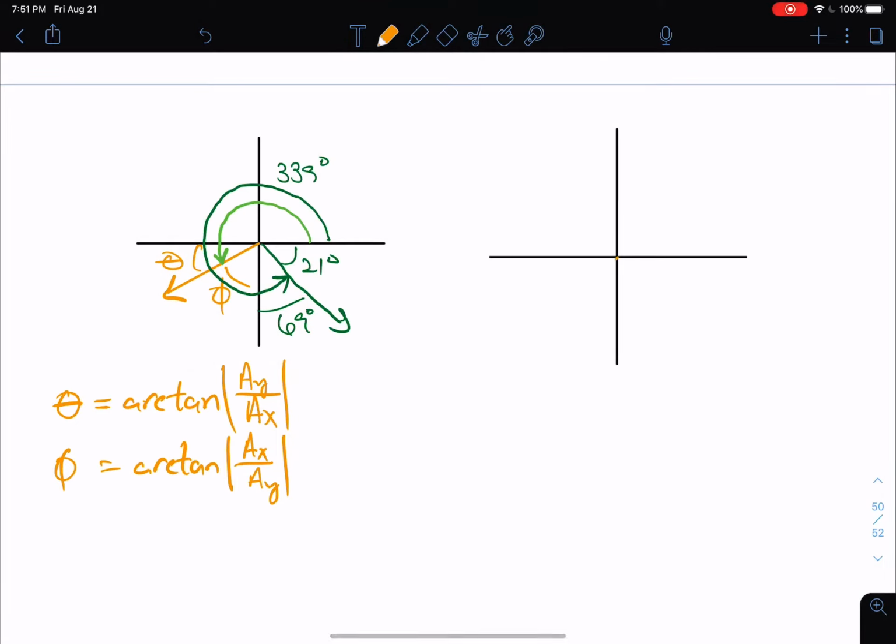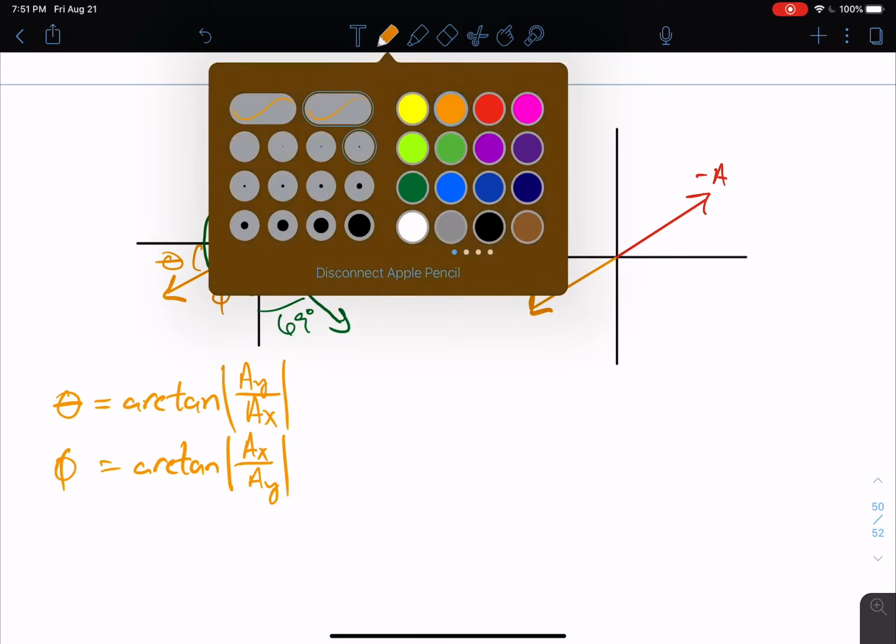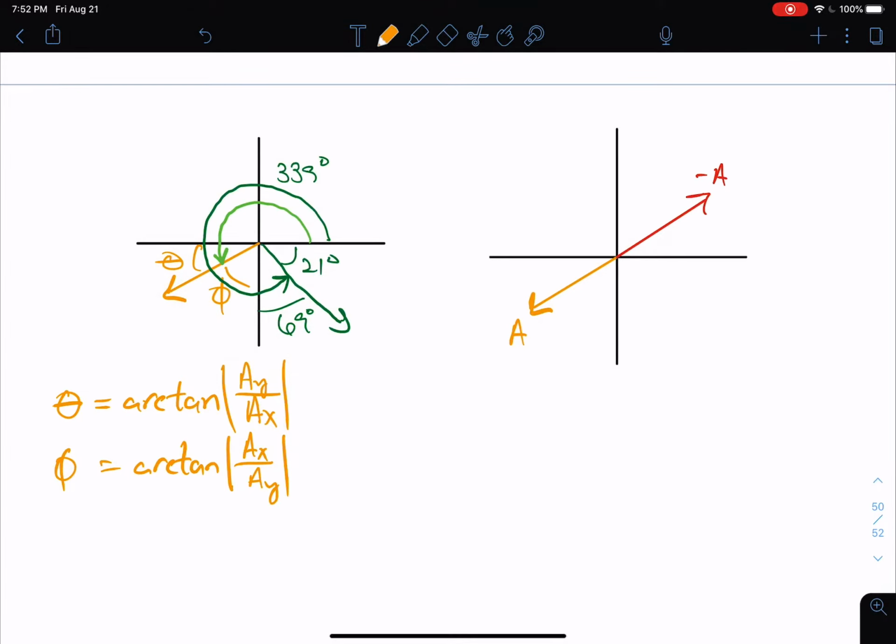So going back to my first vector, if that's pointing this way, well, then negative a has got to be pointing the exact opposite direction. So this is negative a, and that's a. They're anti-parallel. They're pointing in exact opposite directions.